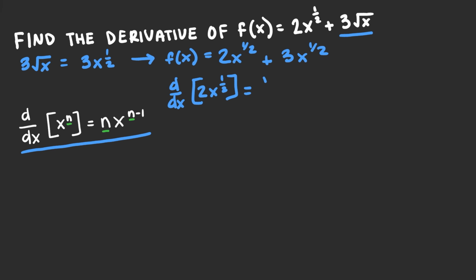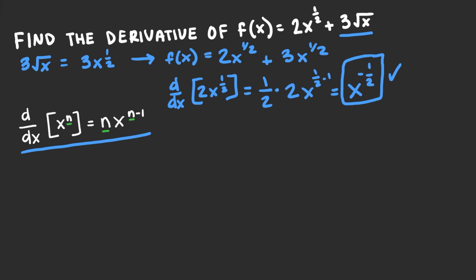So we bring down the 1/2 times 2x to the 1/2 minus 1, which would simplify. If you multiply 1/2 times 2, that would just leave us with x. And then 1/2 minus 1 would just be -1/2. So the derivative of 2x to the power of 1/2 is just x to the power of -1/2. This is for our first term.